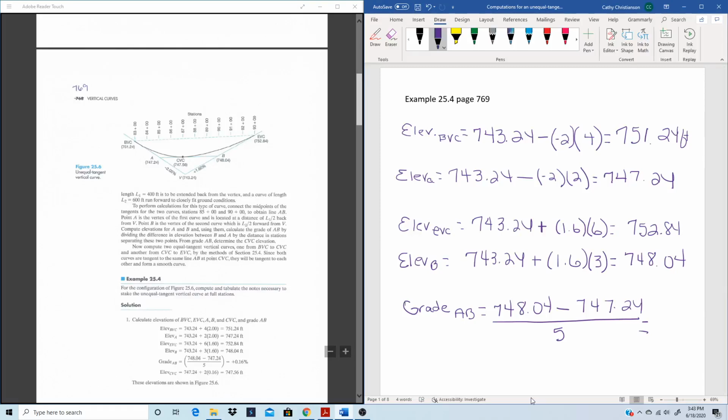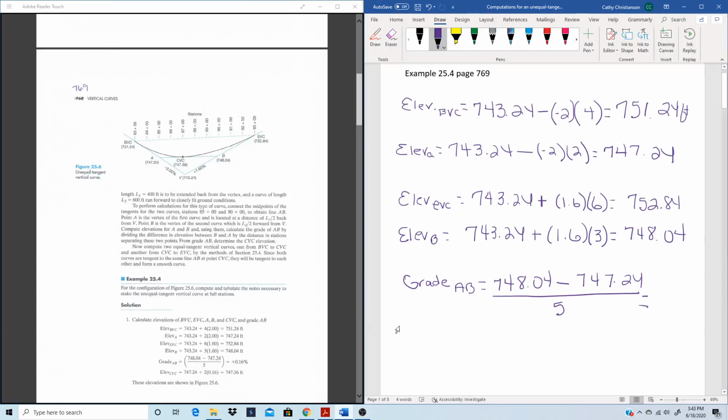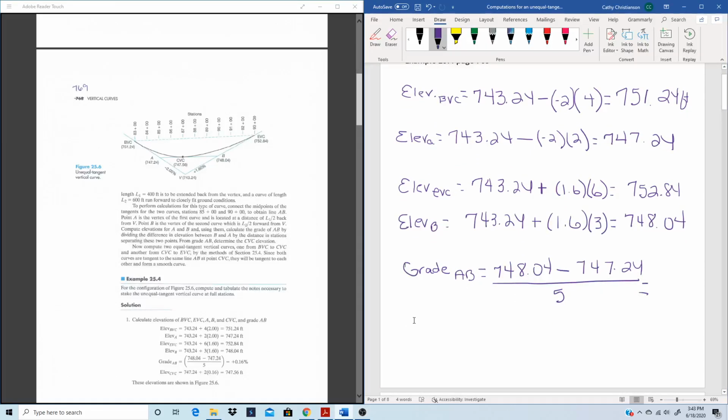Basically, it's going to be half of your L over 2 for your first one, and half L over 2 for your second one. You remember the first one was 400 feet, so that would be 200, and the second one was 600, so that would be 300. So there's your 5 stations. So that means our grade is a 0.16%.